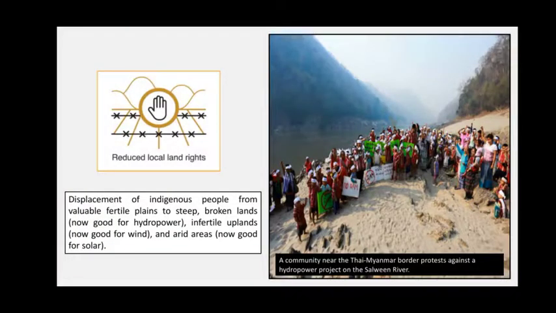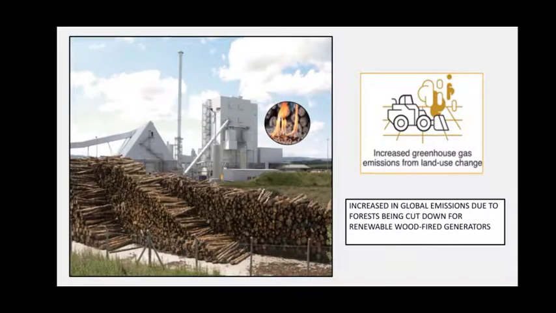The demand for huge land cover of renewable energy can conflict with the rights of indigenous people. And in some cases, renewable incentives have actually caused increased global emissions due to forests being cut down for renewable wood-fired generators.